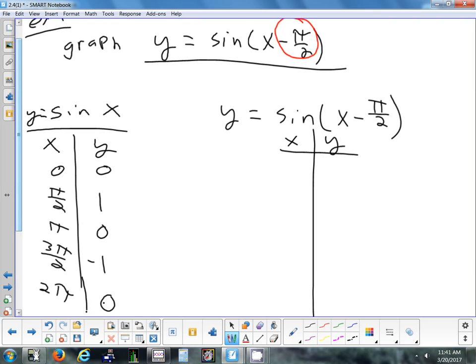Plus or minus where? In the parentheses. Yeah. If you have a plus or a minus inside parentheses, that's a phase shift. So when we do a phase shift, one of these columns doesn't change. Riley, which column isn't affected by moving left and right? The y's. So we're going to look at the original table, and we're going to copy down the 5 y values from the original table.